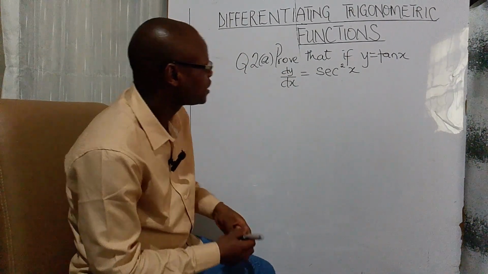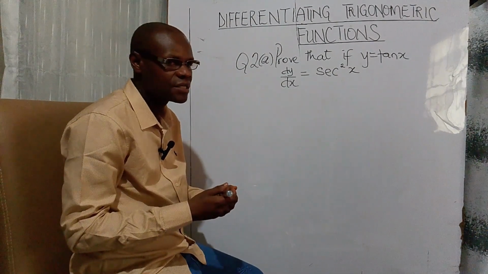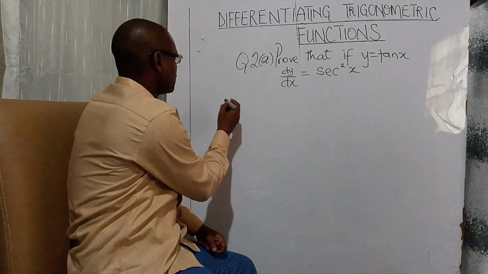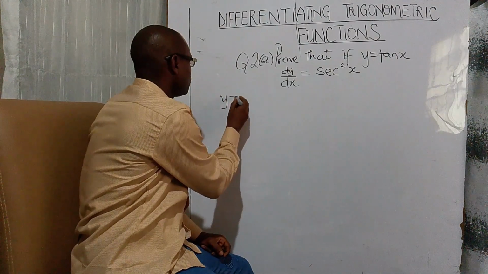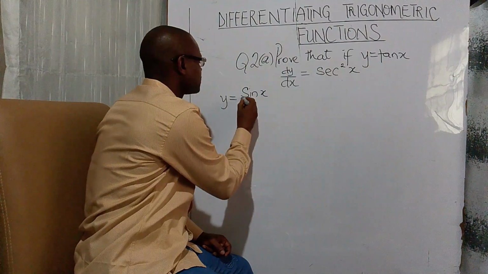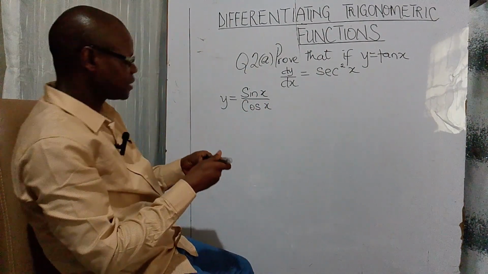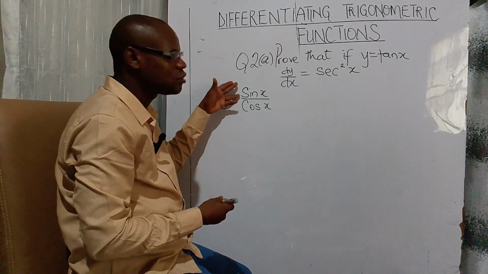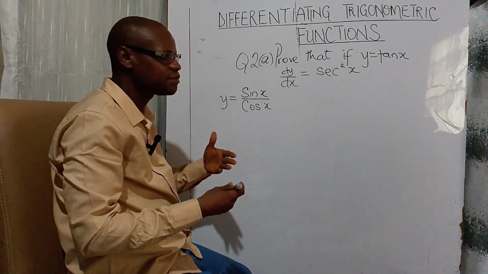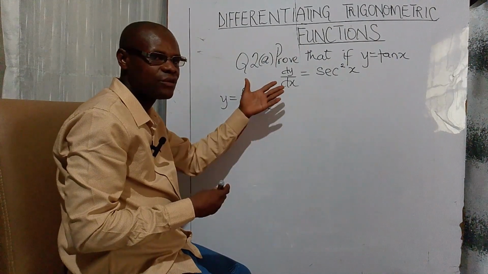Now we can easily recall that tan x is the quotient of sine x and cos x. So we can rewrite that equation as y is equal to sine x over cos x. Because we now have one expression being used to divide another expression, that simply means that we are going to use quotient rule to determine our dy dx.